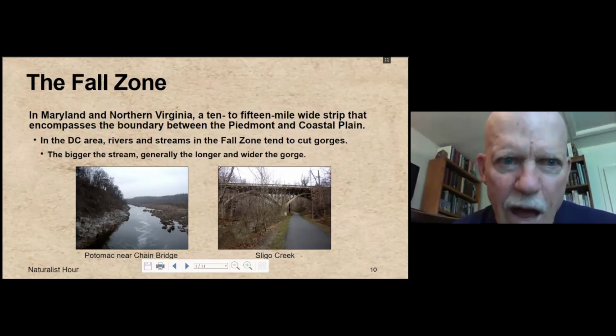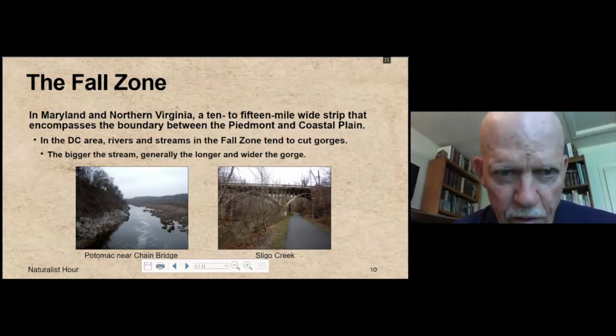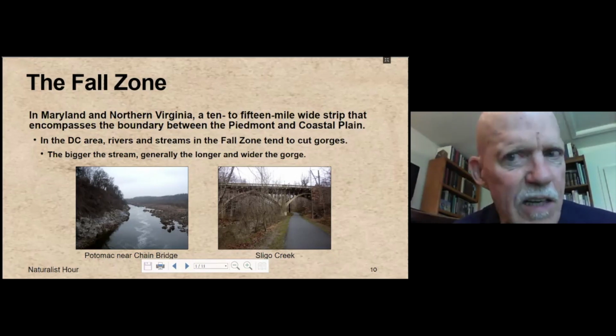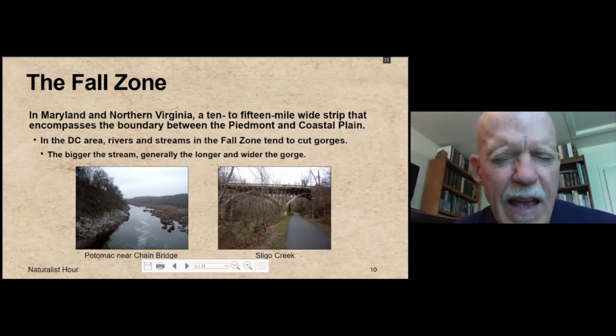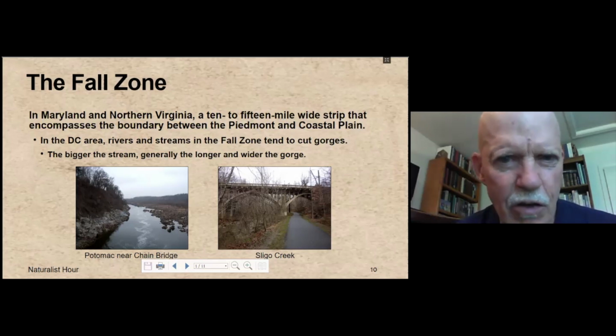In our general area here, the DC area, the Baltimore area, the bigger rivers and streams, and even relatively small ones, tend to cut gorges because we do have an elevation difference many times where the Piedmont's a little bit higher. And then also, and probably just as important, the coastal plain materials are very easily cut into.